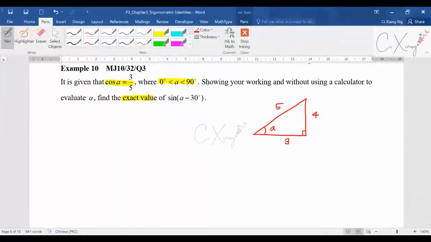After that, they want you to get the value for sin(A minus 30 degrees). So what is sin(A minus 30)? You have sin A cos B minus cos A sin B. Again, you put in the values.